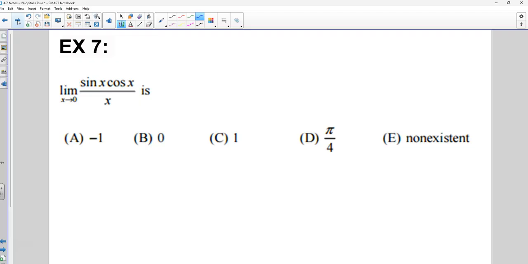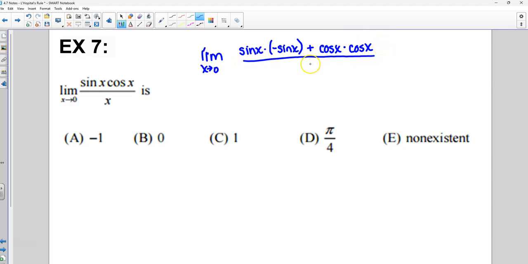So now we've got to use a product rule for that numerator. So we'll have the limit as x approaches 0 of product rule in the numerator, sine x times the derivative of cosine x, which is negative sine x, plus cosine x times the derivative of sine x, which is cosine x, all over the derivative of x.